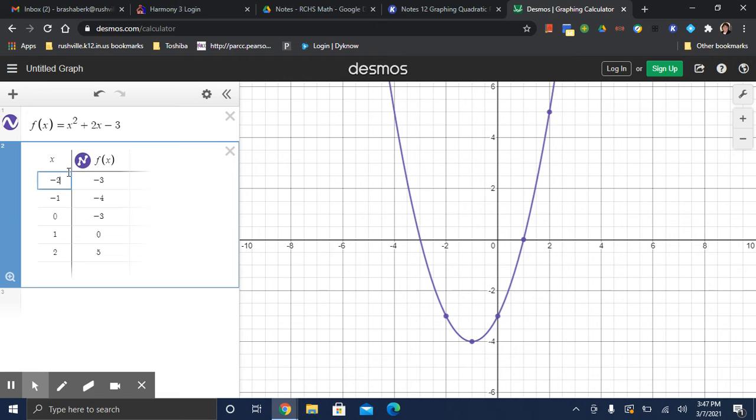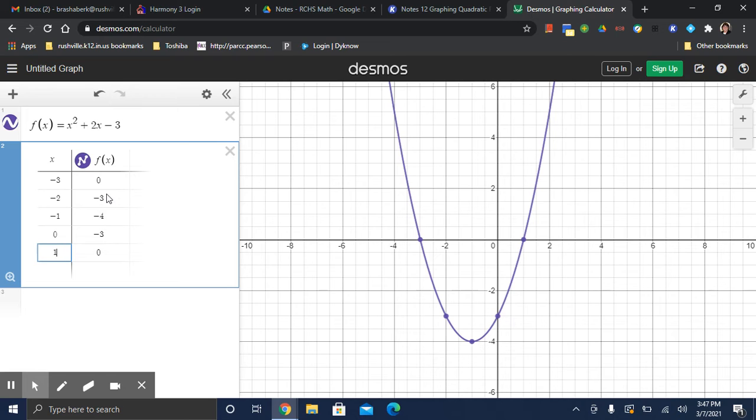So we're just going to change these. We said -3, then change this to -2, change this to -1, change this to 0, and the last one to 1. If you've done this correctly, your vertex will be either a highest or a lowest value for y, and then you'll see repeaters.